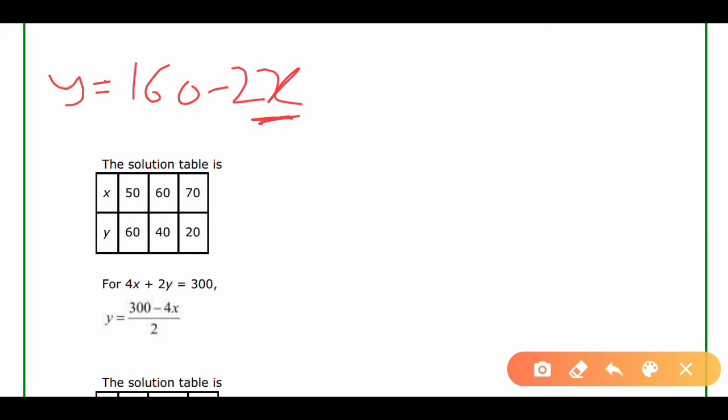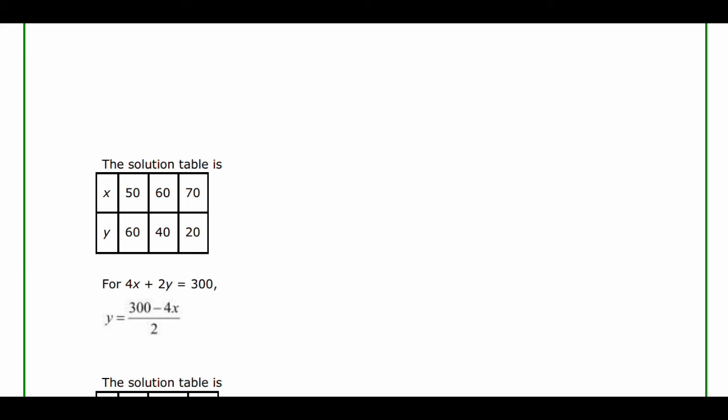First we'll put x equals 50, so we'll get y equals 60. When we replace x equals 60, we'll get y equals 40. And when we replace x equals 70, we'll get y equals 20. So we'll get this table using the first equation. Clear?